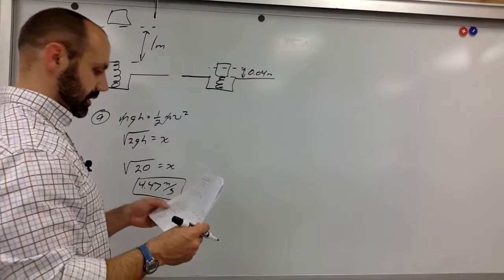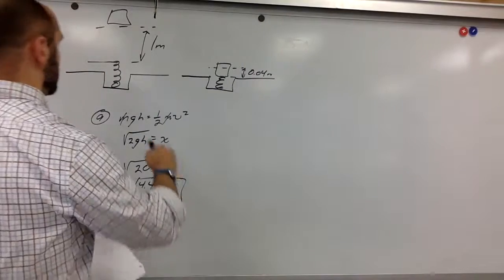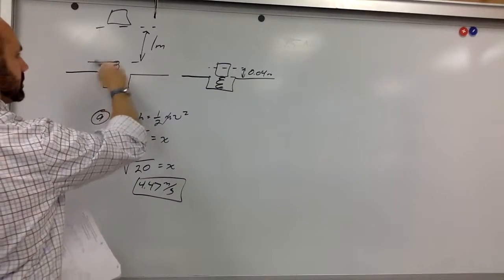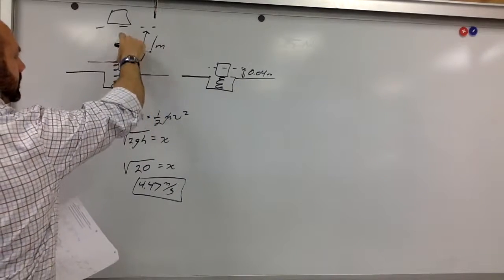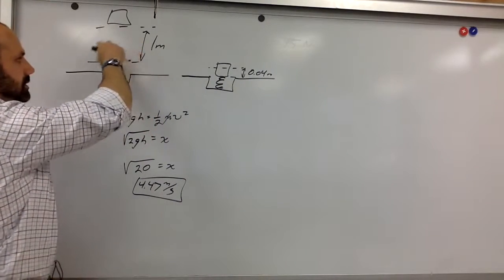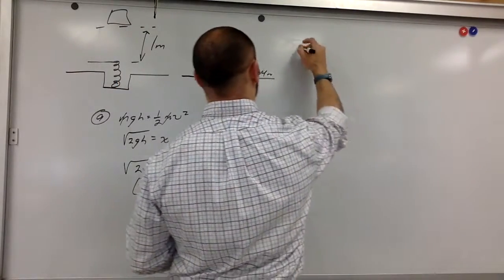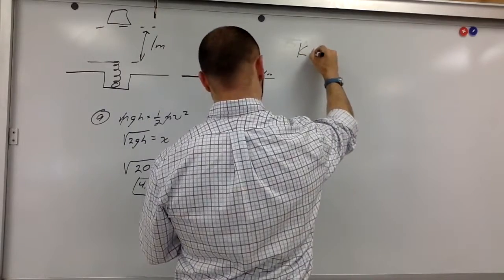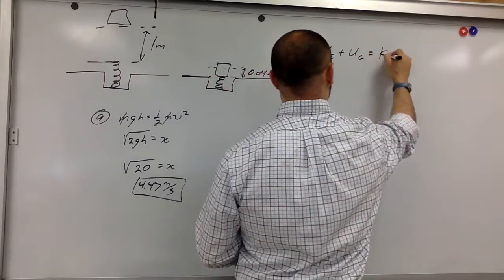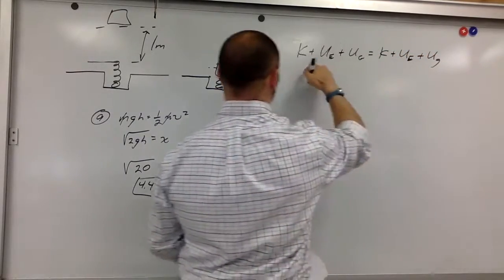Okay, and then for B, we're going to do this in terms of gap C. For B, we want to know the spring constant. So what do we have at first? We're going to take it from the point where it reaches this here, so kind of between these two. The point when it reaches this point, then it has kinetic energy and potential energy. So if I'm looking at gap C, then I've got K plus UE plus UG equals K plus UE plus UG.